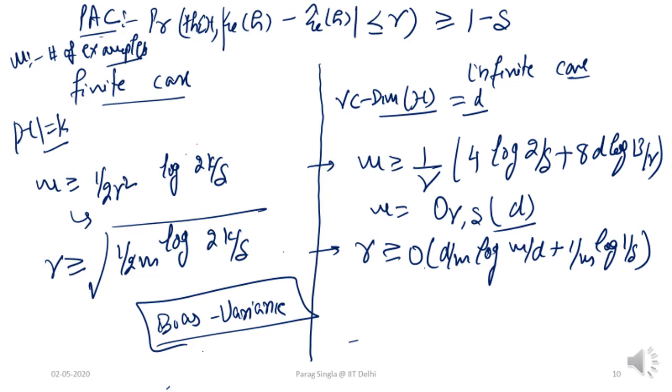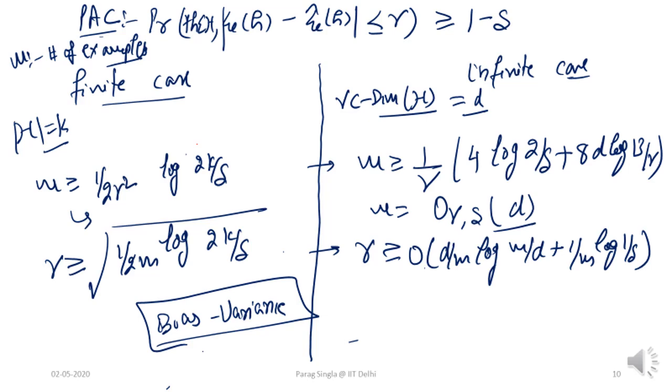Or in other words, to be more precise, because it is d log 1 by d, this m by d factor probably goes down, but overall, as d increases, this factor goes up, almost linearly in d.